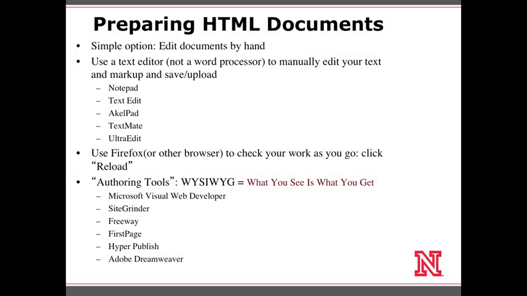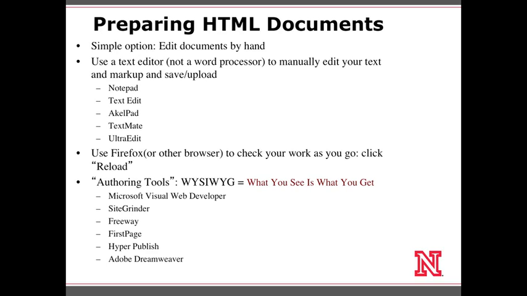There are a couple ways to prepare HTML documents. You can edit them by hand, which is basically typing in your code within some form of text editor. Note, you should not use a word processor like Word because that is not designed to output the right type of files to become web documents.